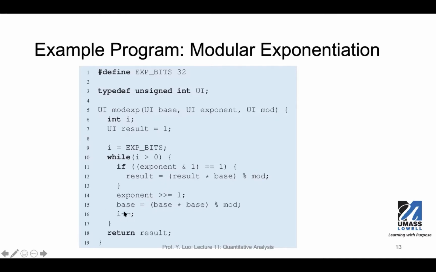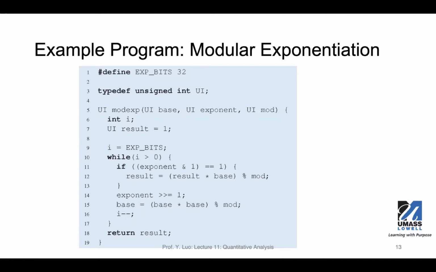Then line 15 is to do a square on the base and then do the modular and update the base. Okay. And line 16 is to decrement the loop iteration variable and then go back to line 10 for the next iteration. Eventually line 18 will return the result.